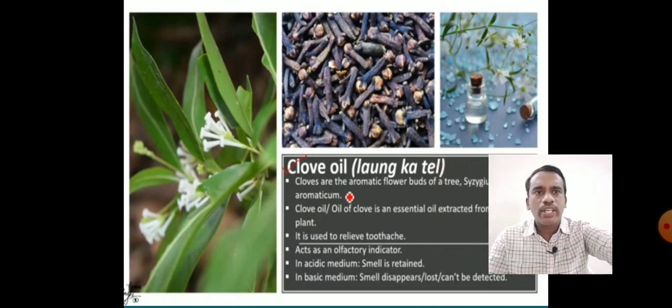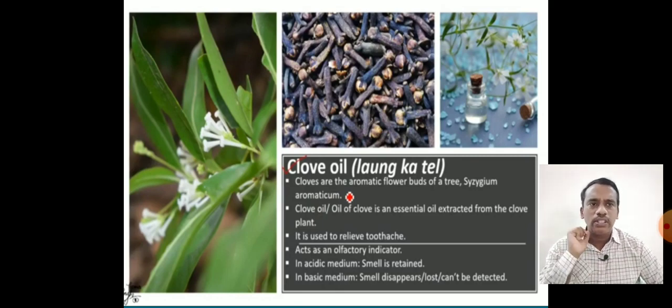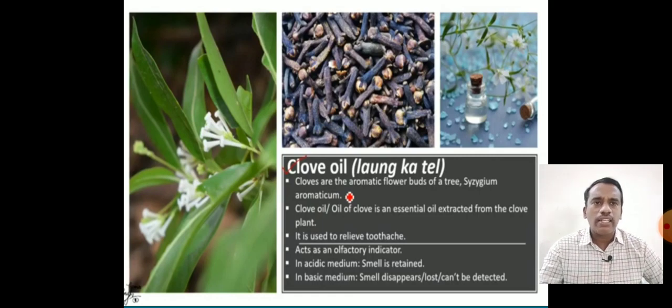What we got here? We got clove oil. How is clove oil taken? Can you see the flower here? These flowers are then developed into the cloves that we use regularly at our home. From these cloves we extract the oil that is called clove oil, or lavang tail.